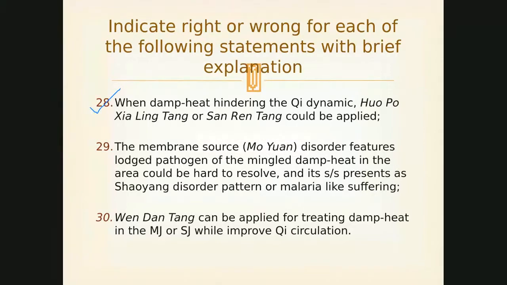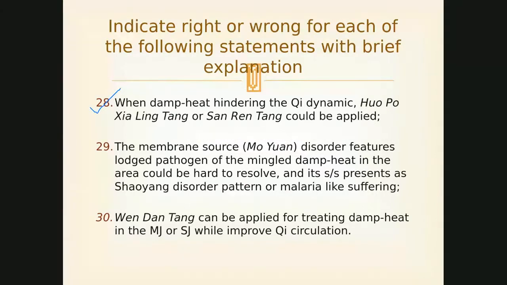So San Ren Tang we reviewed: three kernels, apricot kernel, white cardamom, and coix seed, resolve the flame in the upper jiao, damp in the middle jiao, and water in the lower jiao, and also benefit qi activity and strengthen the spleen. So altogether, these two formulas can deal with damp heat hindering the qi dynamics in the upper, middle, and lower jiaos.